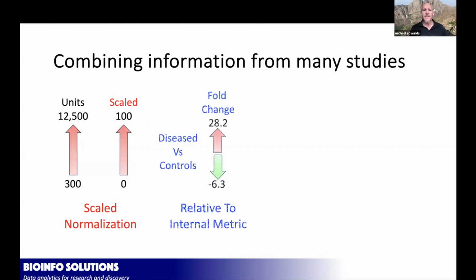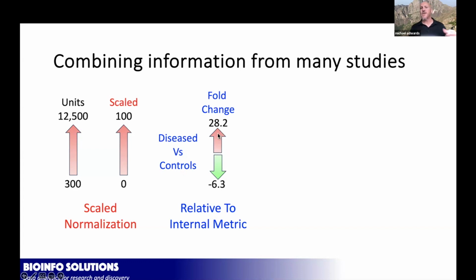Another very popular way to normalize is relative to an internal metric. A lot of these studies, and most studies actually, have a control. This would be, say, healthy individuals or healthy mice compared to a particular disease. So you can take your disease samples, divide by your control values, and come up with a fold change.